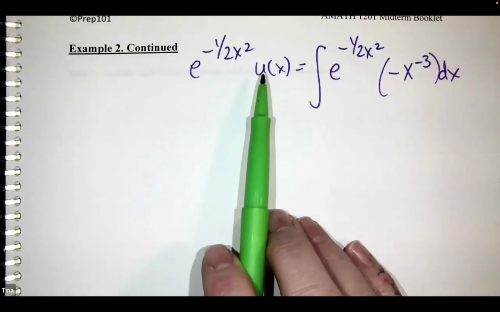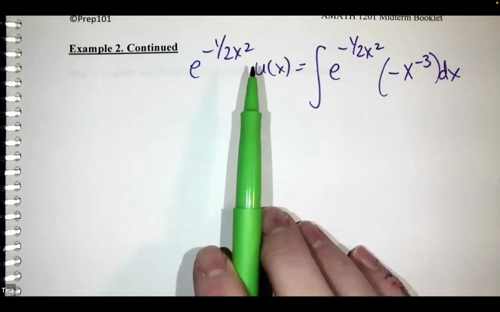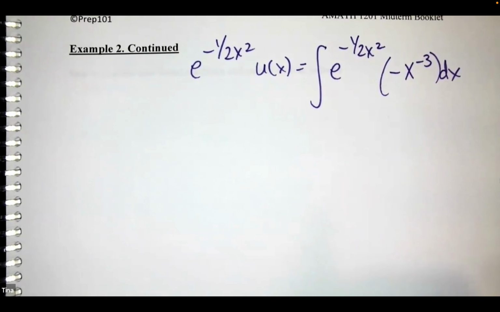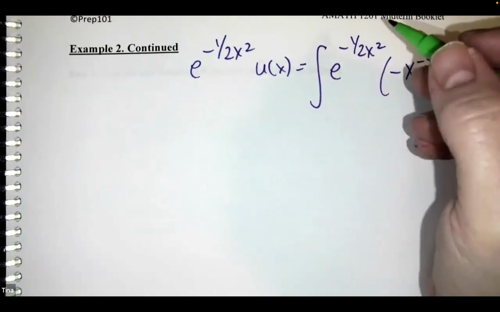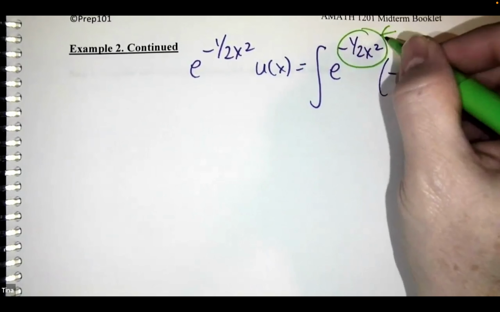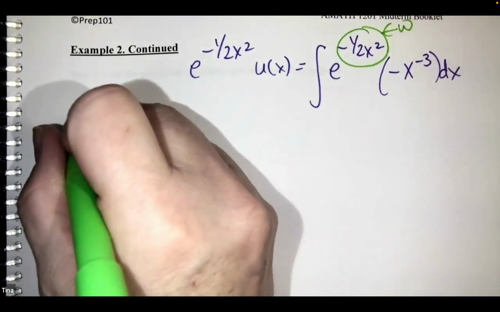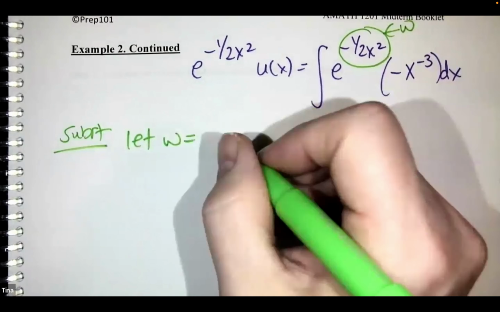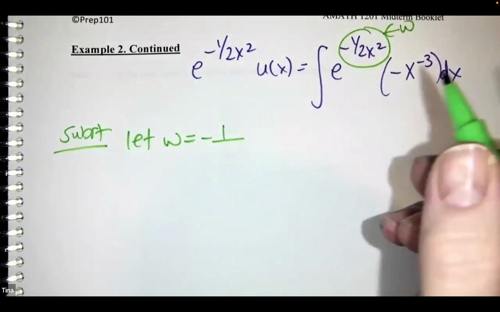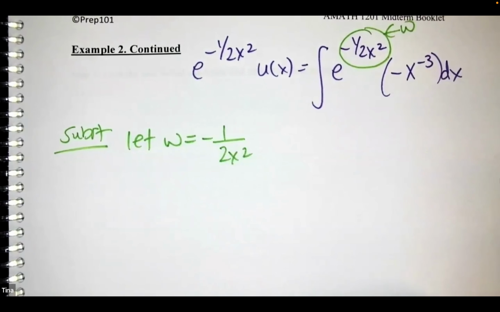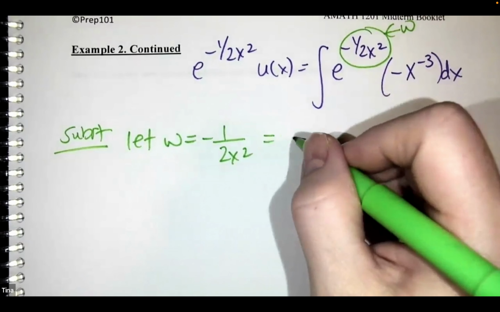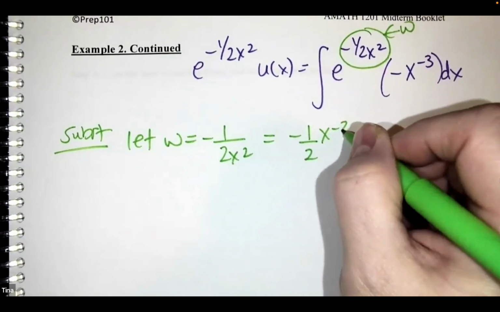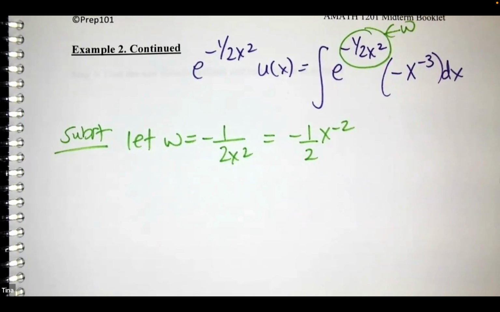And since we already have a u, let's use w, right? Because we already have a u here, so I don't want to use the same variable. So let's call this our w for our substitution. And then, may as well just treat that as x to the negative 2, I guess.